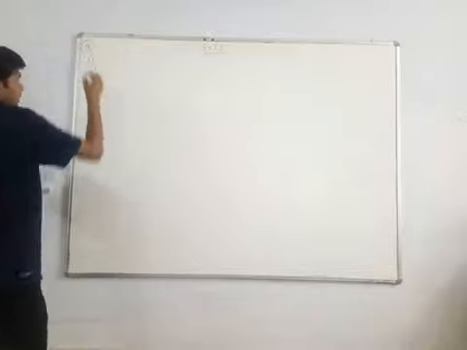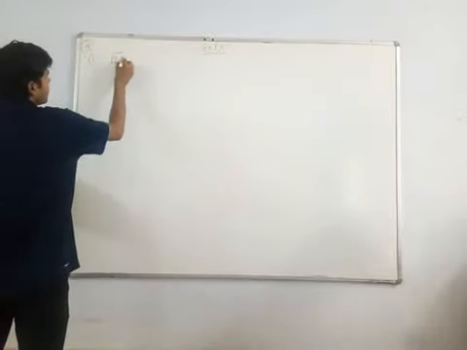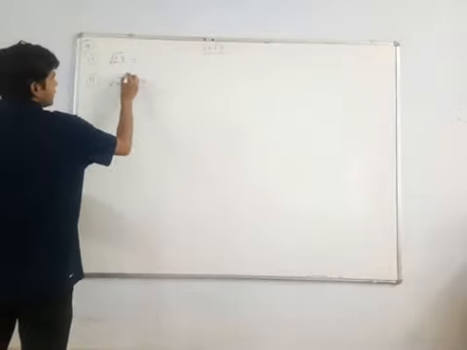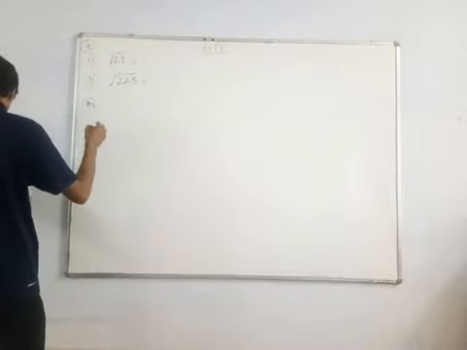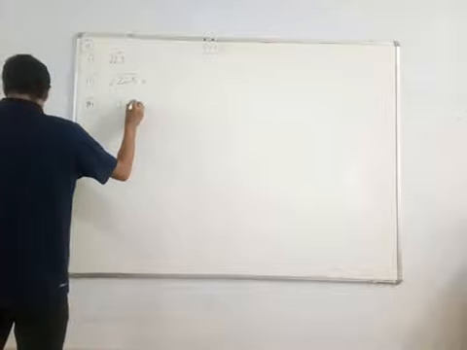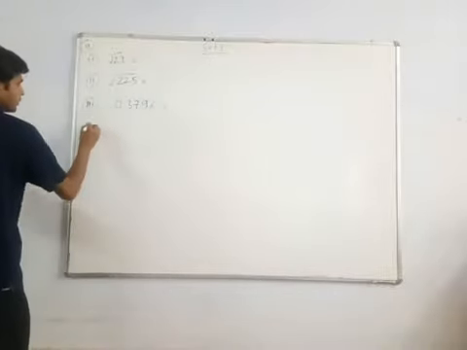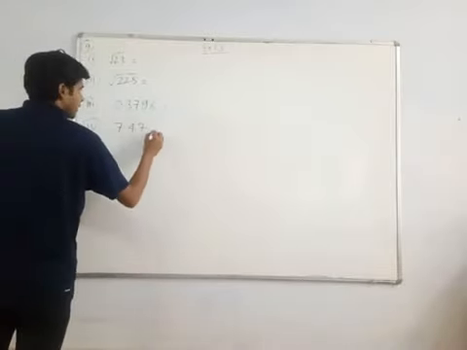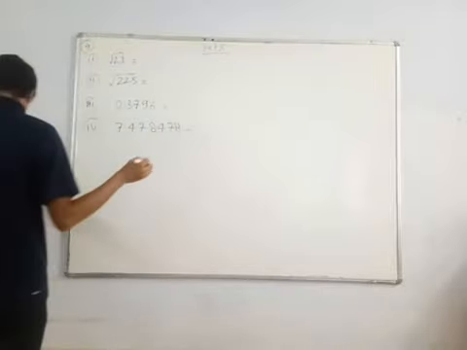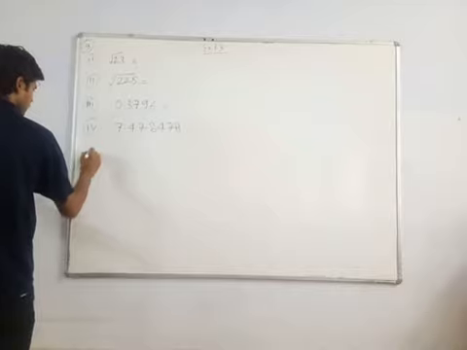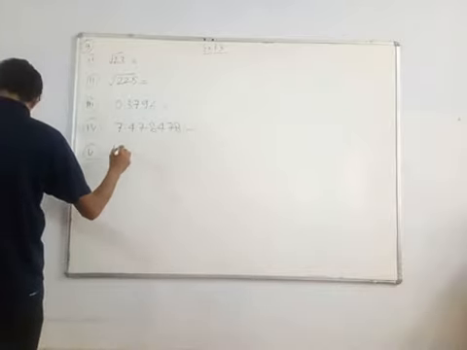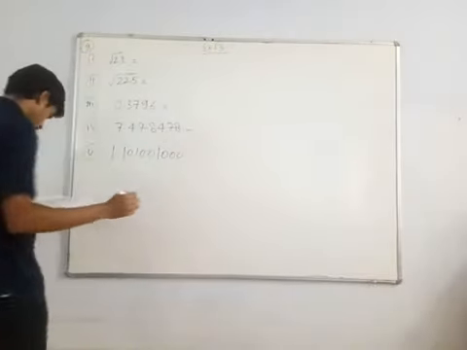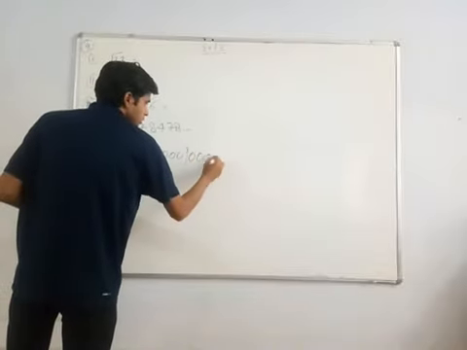First part, root 23; second part, root 225; third part, 0.3796; fourth part, 7.478478; and fifth part, 1.1010010001.